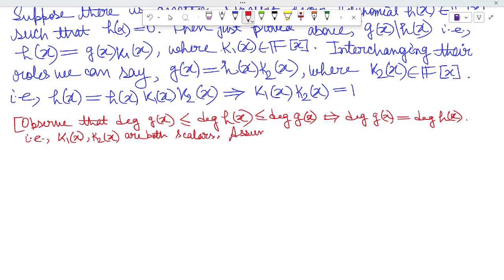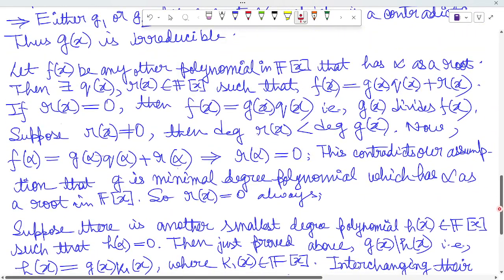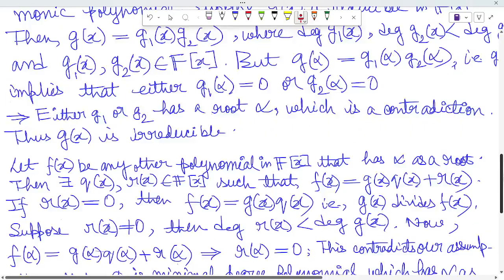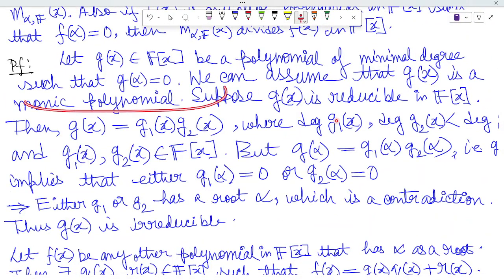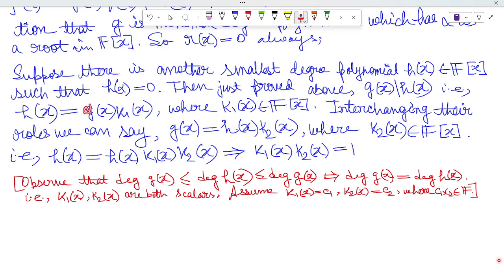So assume k1(x) equals c1, k2(x) equals c2, where c1, c2 belong to F. Observe that without loss of generality we started with a monic polynomial, so its leading coefficient is 1.